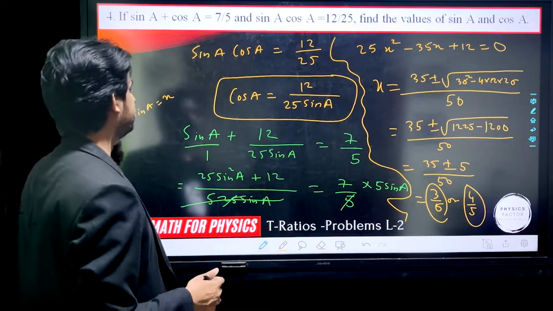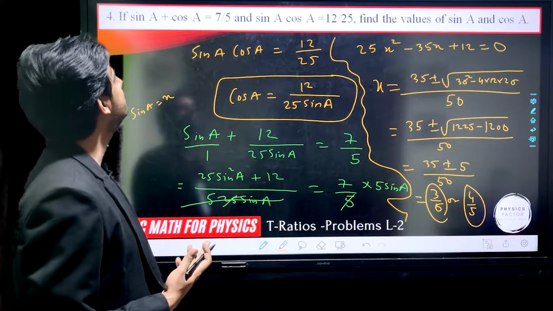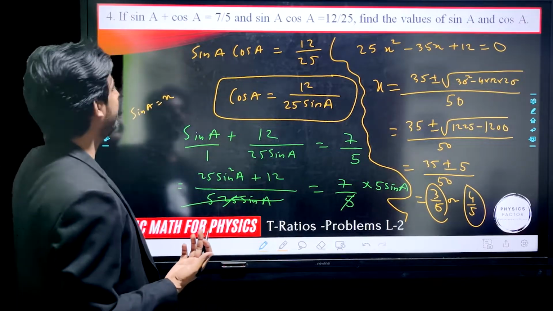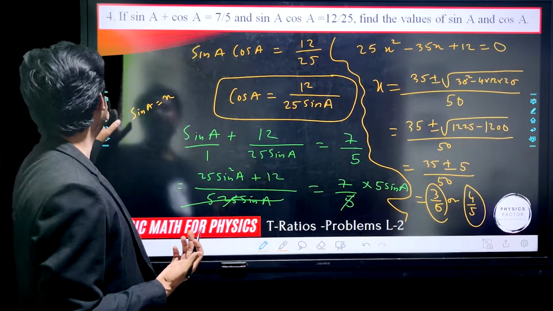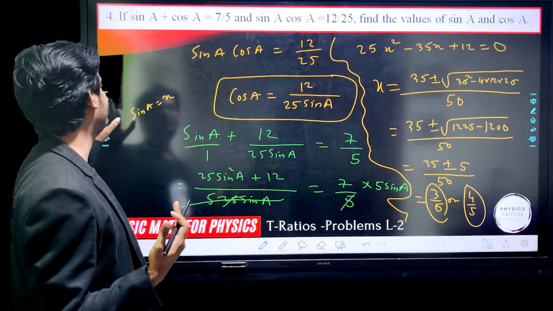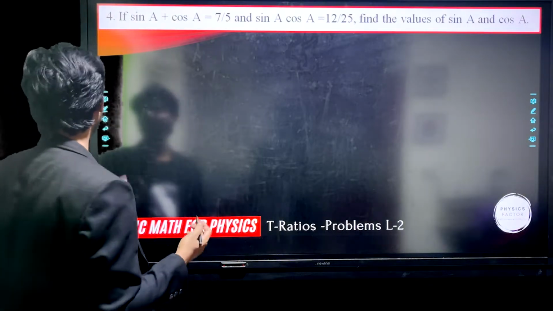Alright, I think I may have to go to the next page, so I will erase this. I'll move to the next page. So we got 3 by 5 and 4 by 5. Just keep that in mind.